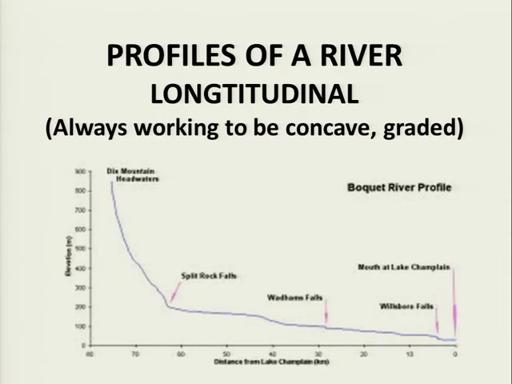You can see it starts from the highest point in the mountains, and it goes down gradually towards the sea. Guys, if a river has that concave profile perfectly, or almost perfectly, we say that river is graded. That is a graded river. Every river in the world strives to be graded.